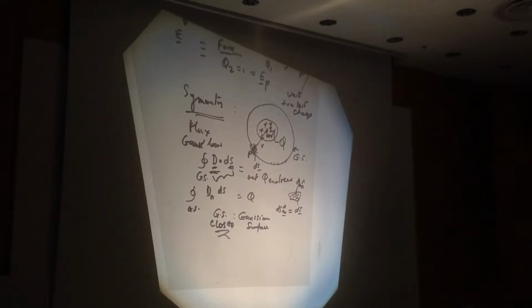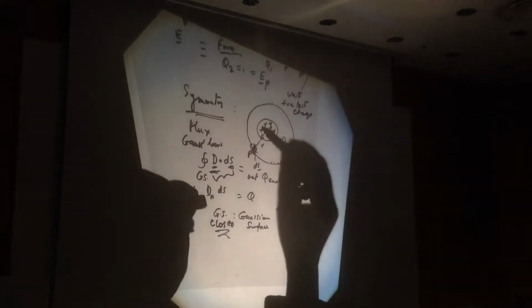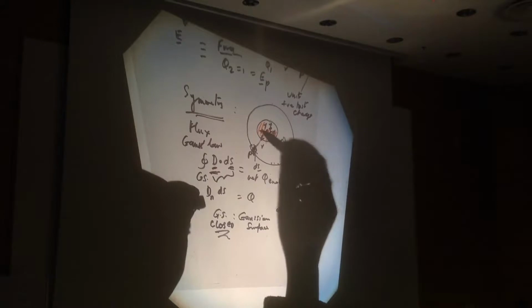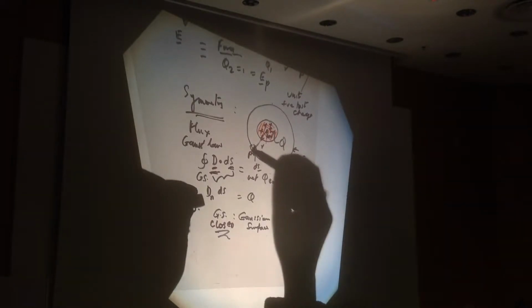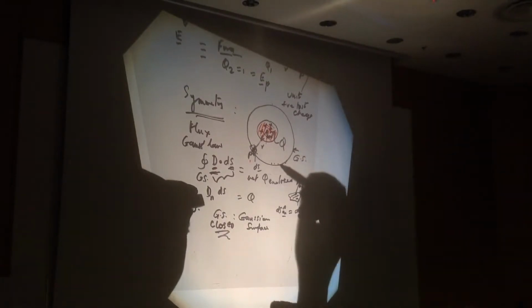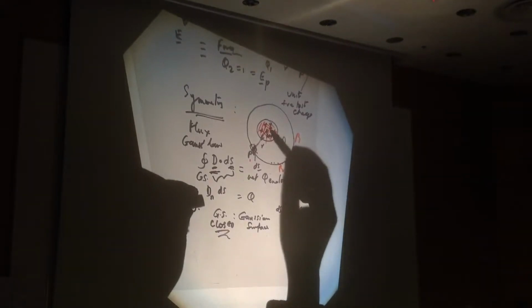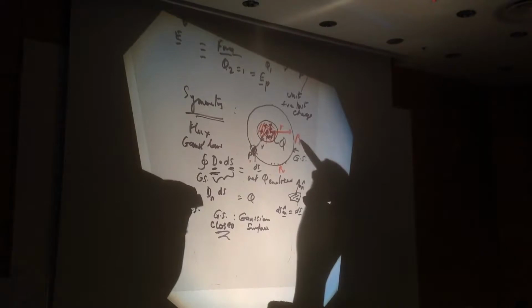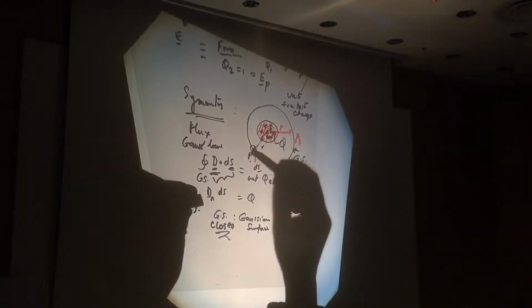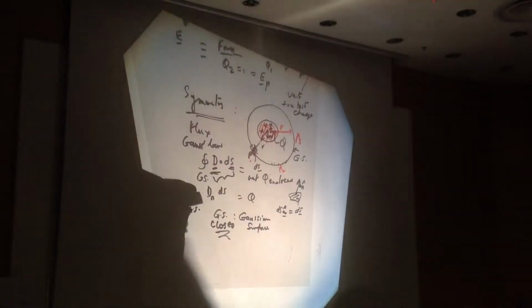So we go to this case. The charge distribution is uniform, which is the symmetry. If I take points P1, P2, P3, P4 and so on, keeping the distance R the same, the normal component of D will have the same value, though of course it points in different directions.